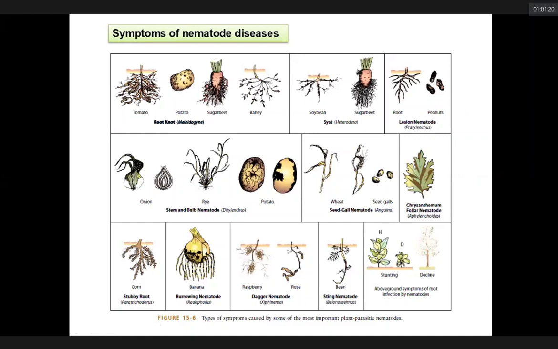I might ask you a list: one root knot, one cyst, one lesion, one stem and bulb nematode, one seed gall nematode, one foliar nematode, one stubby root nematode, one burrowing nematode, one dagger nematode, one sting nematode. These are the general names, common names, and this is the scientific name, genus name. So this is the root knot nematode. This is the common name, and Meloidogyne is the scientific name or genus name. You got it?